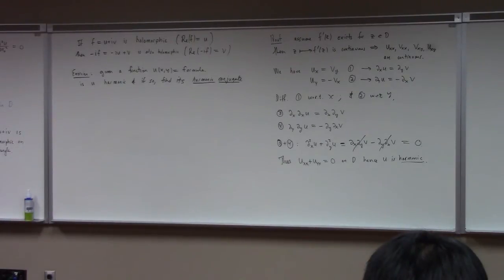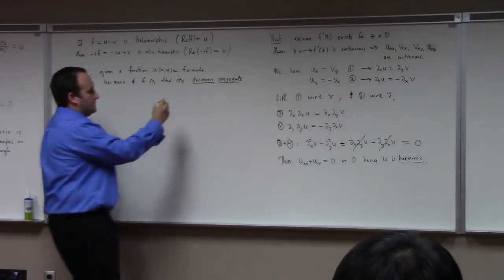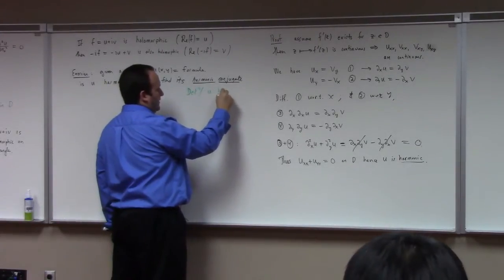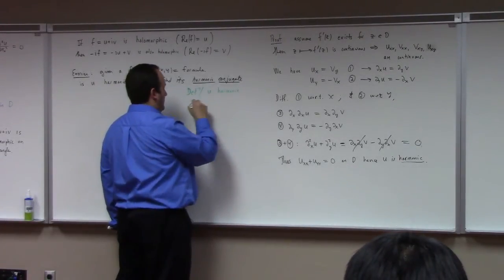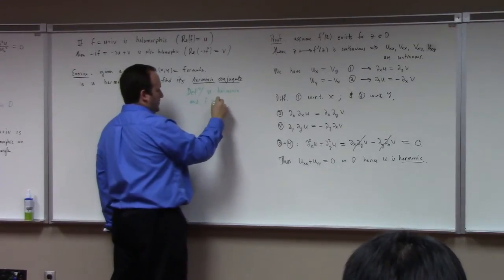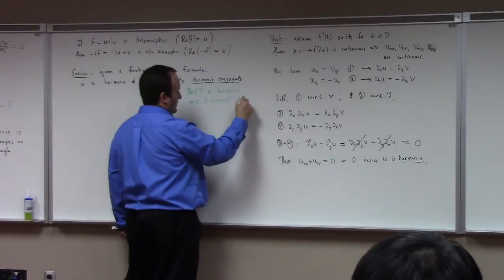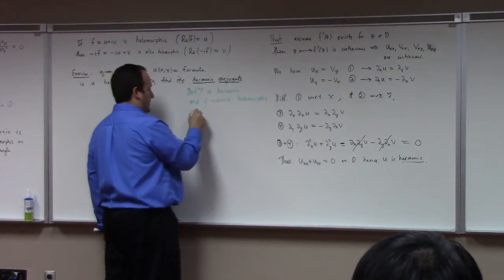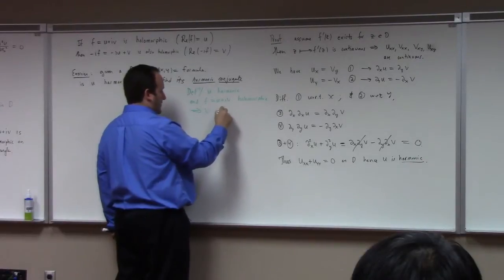What does it mean for v to be the harmonic conjugate of u? Definition: u harmonic and f equals u plus iv, holomorphic, implies v is harmonic conjugate.